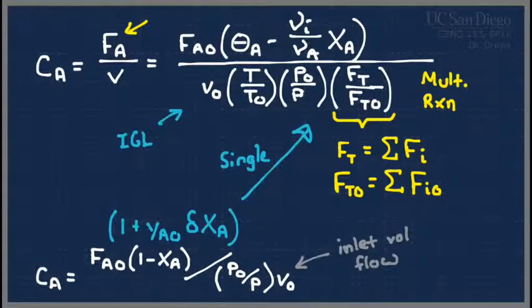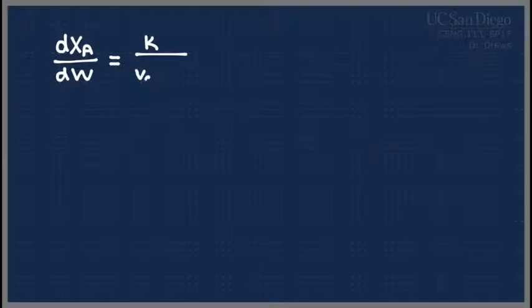What we had ended up with was a differential that we would then have to integrate for X. So if you substitute what we just found into the differential, it ends up looking like dXA/dW equals k. Our inlet volumetric flow rates canceled, so we have the rate constant k times rho bed, and then times 1 minus XA.